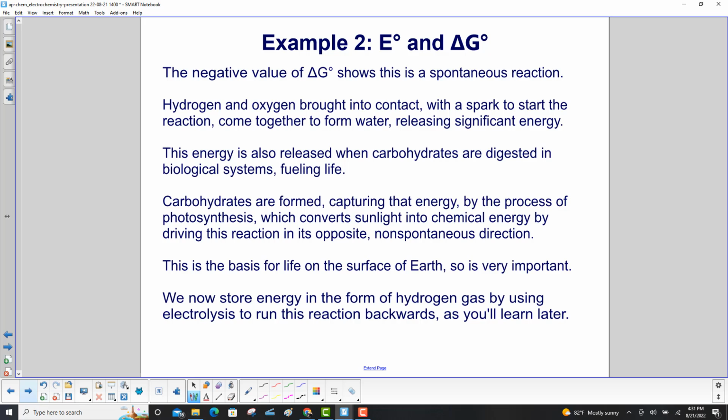Carbohydrates are formed, capturing that energy by the process of photosynthesis, which converts sunlight into chemical energy by driving this reaction in its opposite non-spontaneous direction. This is the basis for life on the surface of Earth, so it's very important. We now store energy in the form of hydrogen gas by using electrolysis to run this reaction backwards, as you'll learn later.